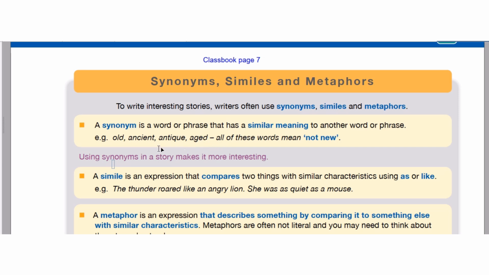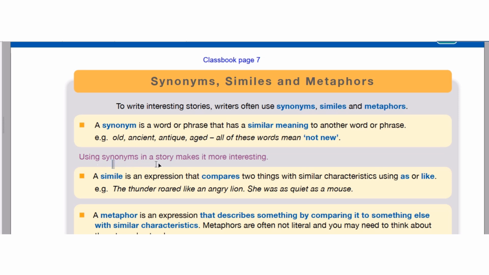So these four words give the same meaning. All of these words mean not new. So this is what's meant by synonym. Old is equal to ancient, antique, aged.